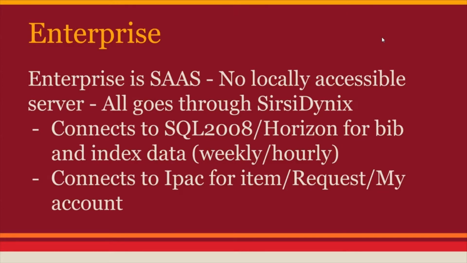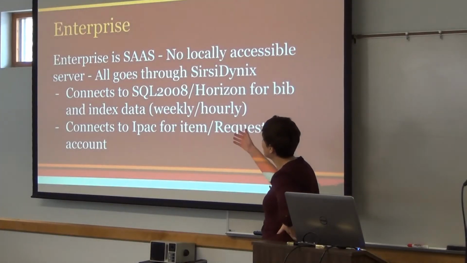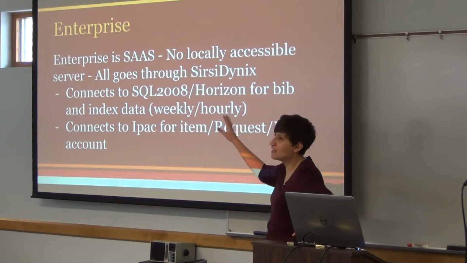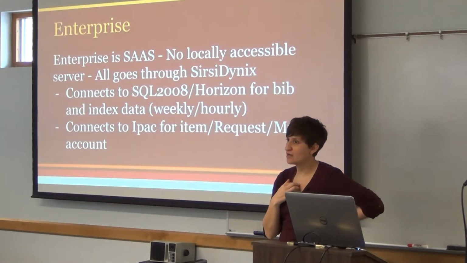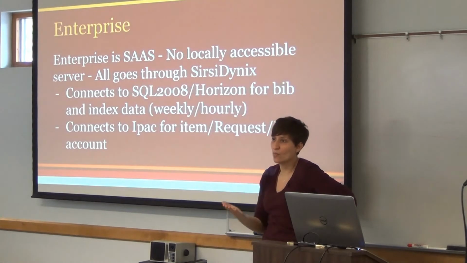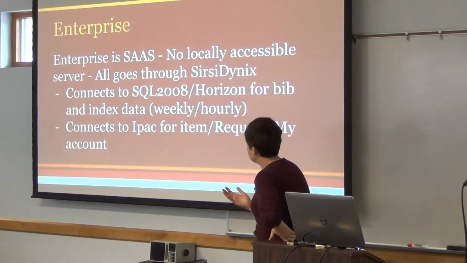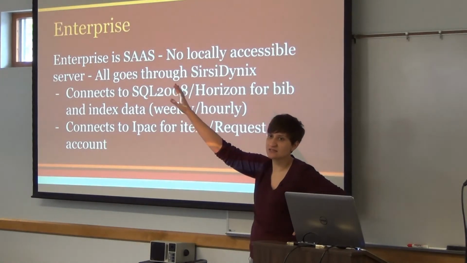Let's see. So one other thing I wanted to point out is when you place requests or pretty much anything in Enterprise, you want to keep in mind that we don't have an Enterprise server. When we moved from Aqua Browser to Enterprise, we lost our online catalog. I mean, I shouldn't say lost. It was actually one of the things we wanted to do. So now Enterprise is hosted by Cersei Dynix.